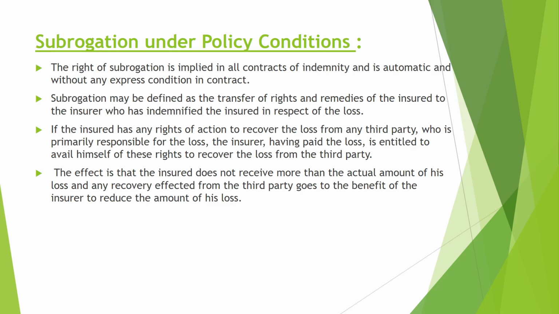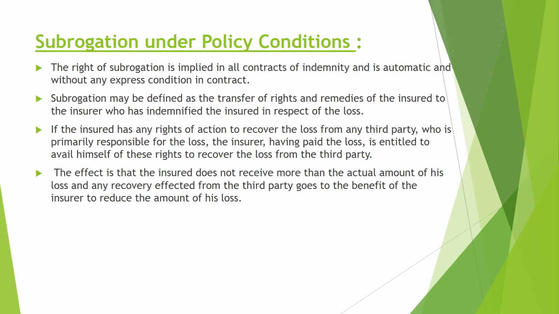Subrogation under policy condition. What subrogation means, let's see. The right of subrogation is implied in all contracts of indemnity, and is automatic and without any express condition in the contract. It is not expressly written, it is implied in all contracts of indemnity. You must remember.